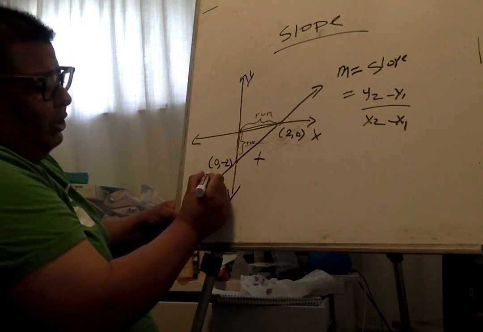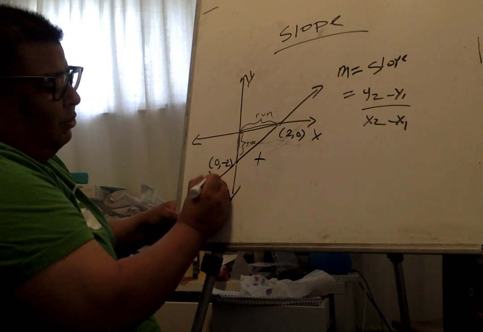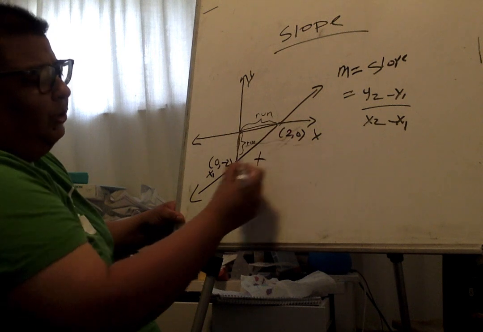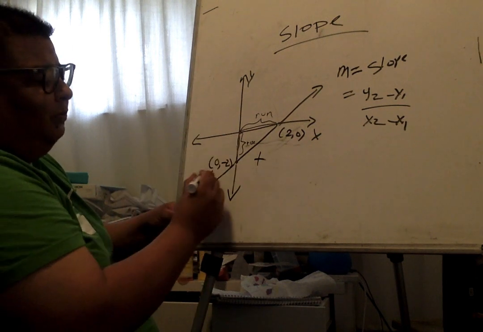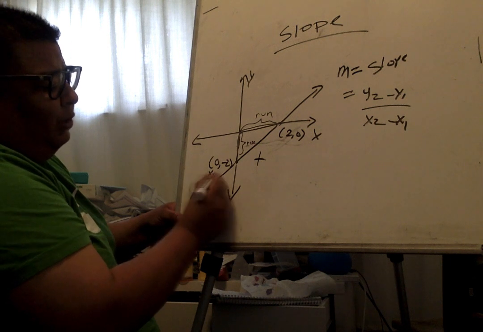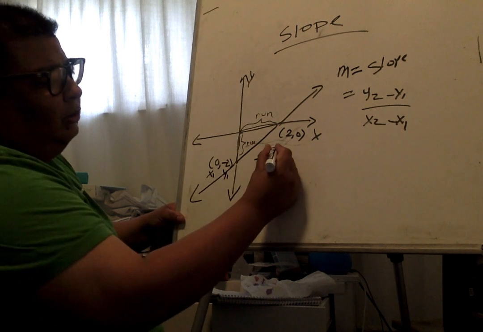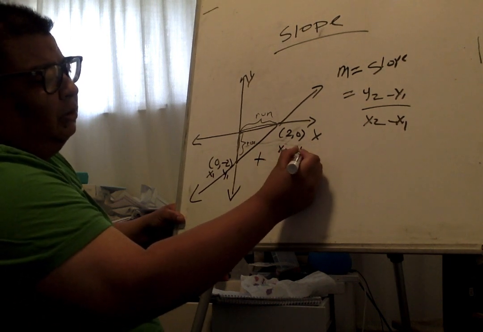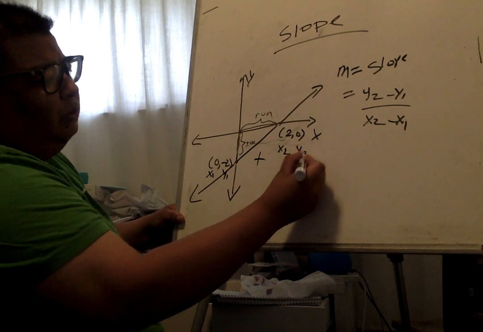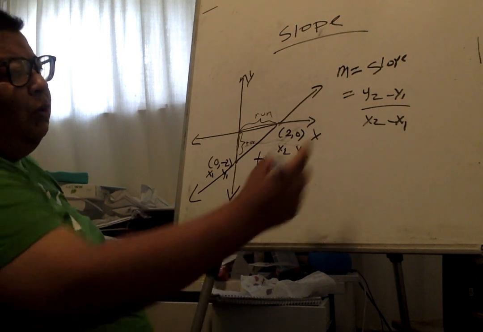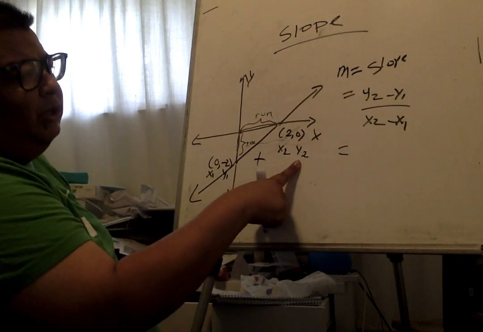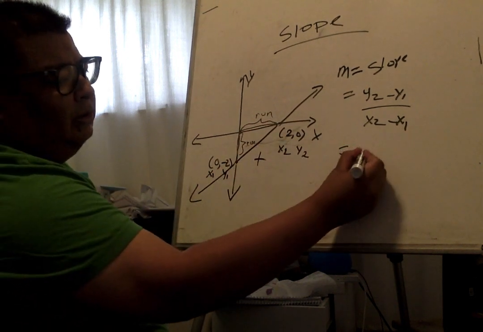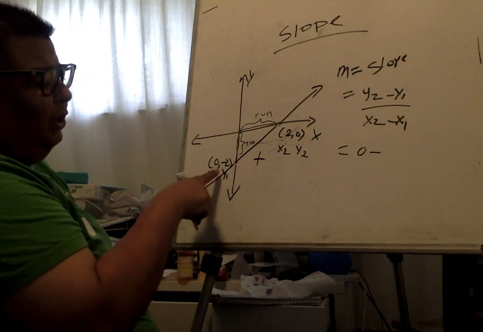So here, let's call this one x1. It doesn't matter which one it is, but you have to pick and don't change them. So let's call this one x1, y1, and this one x2 and y2. Now all we do is plug these values into here. So what is y2? It's 0. Minus y1, what is it?